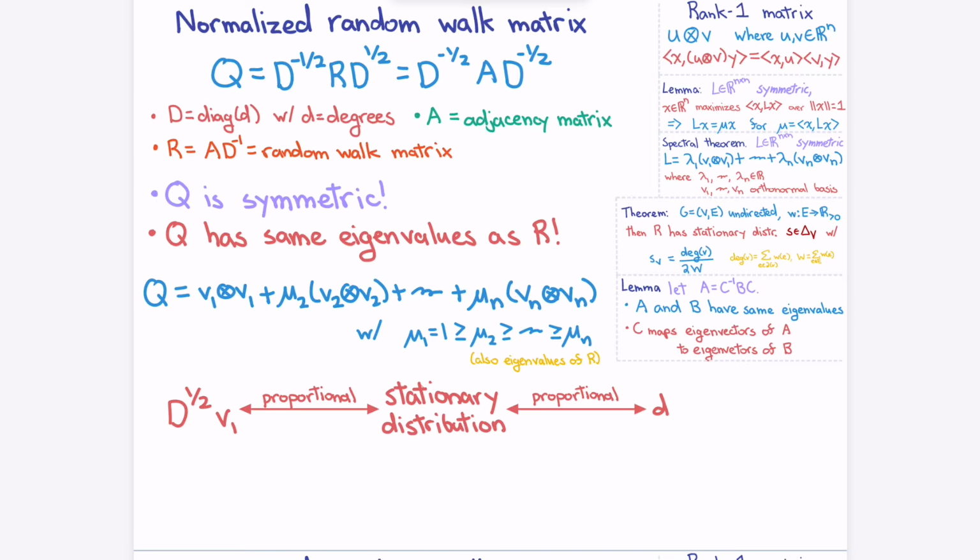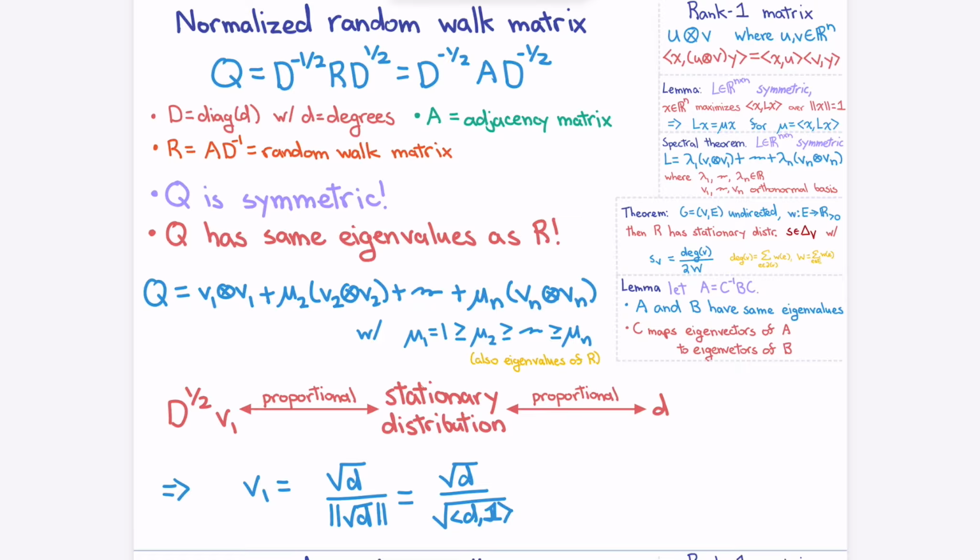So all I need to know is that D to the 1/2 V1 is proportional to D, and that V1 is supposed to be unit length. And so you start plugging that in, and that means V1 is supposed to be proportional to the square root of D, because here I take the D 1/2 and invert it. So you get the square root of all the degrees.